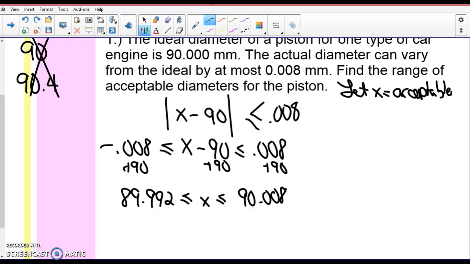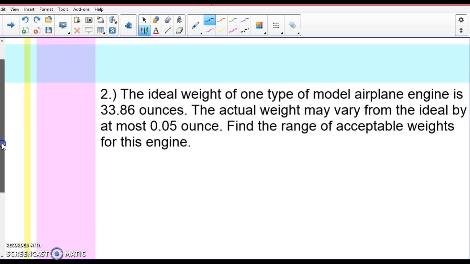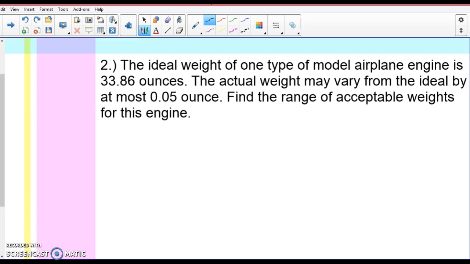All right, let's look at number 2. The ideal weight for one type of model airplane is 33.86 ounces. The actual weight may vary from the ideal by at most 500. Find the range of acceptable weight.